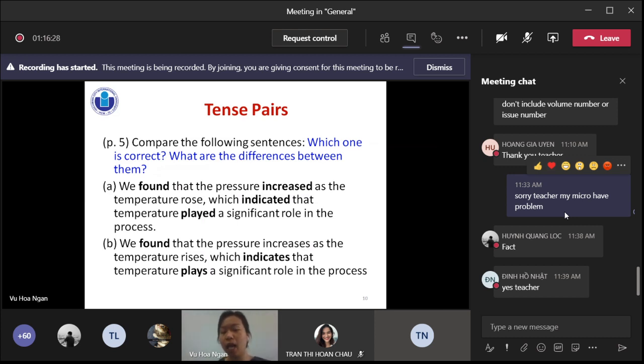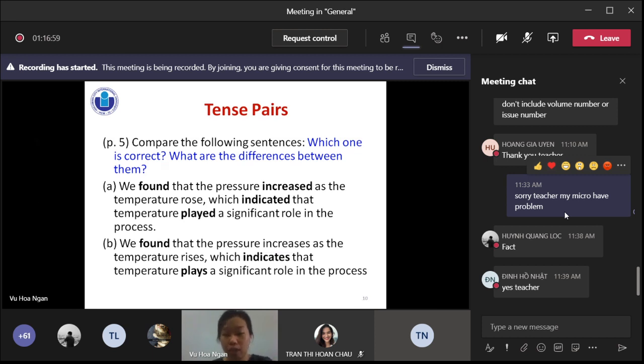So the finding in A in simple past indicates that yes, pressure increased as the temperatures rose, and the temperature played a significant role. So temperature did play a significant role in the study, but in other studies, it may not play a significant role.